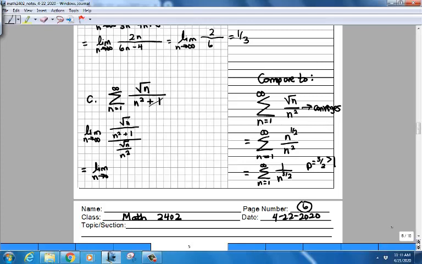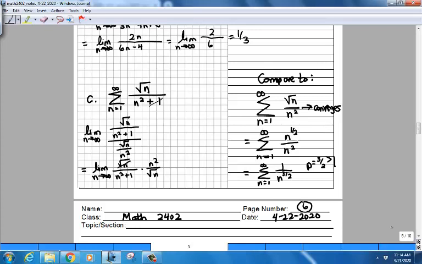So we have the limit as n goes to infinity of square root of n over n squared plus 1 times, take the reciprocal and multiply, so this is going to be n squared over square root of n.